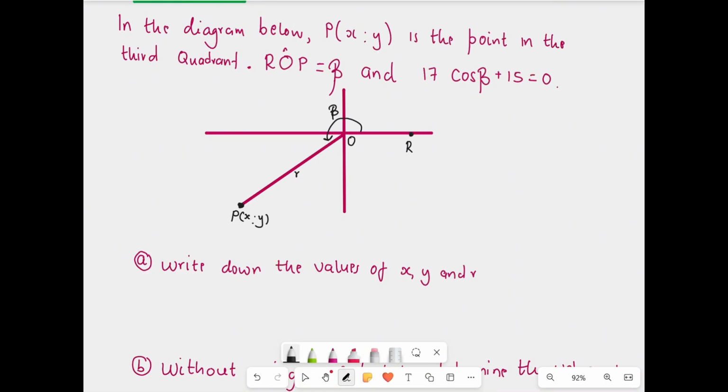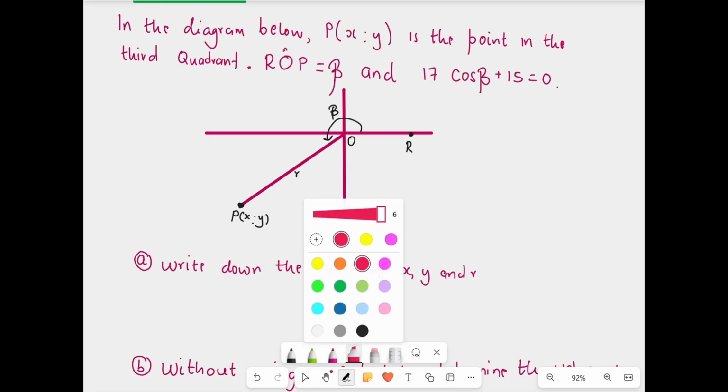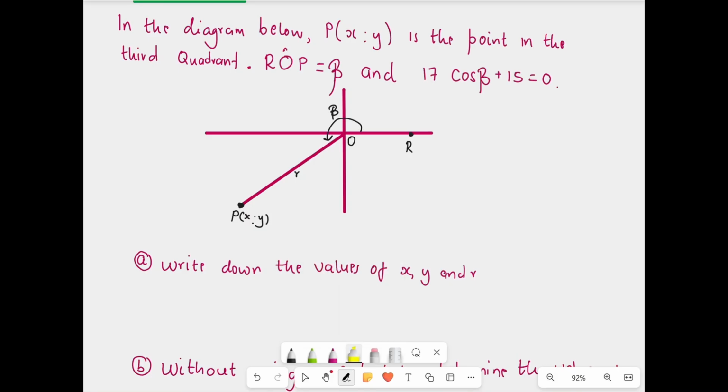Okay? Now, let's see here. In the diagram below, we are given the point. Remember, the point is always x and y. We are given the point P, which is x and y, is the point in the third quadrant, as we can see here. Here is that point.